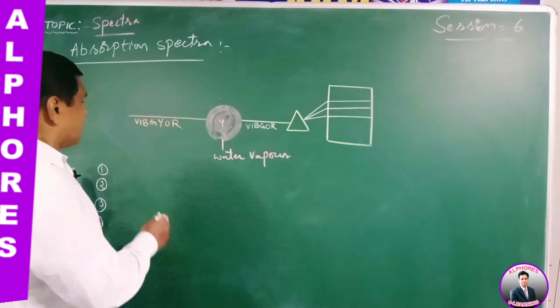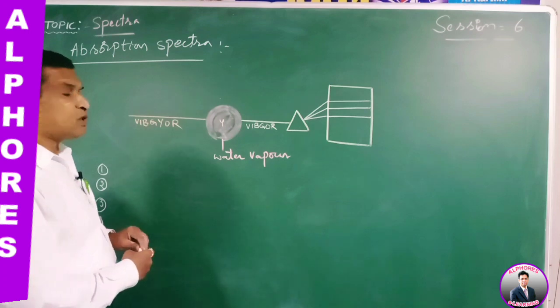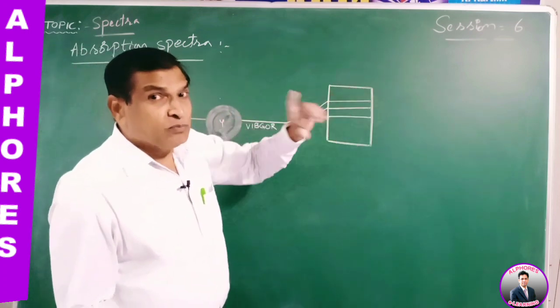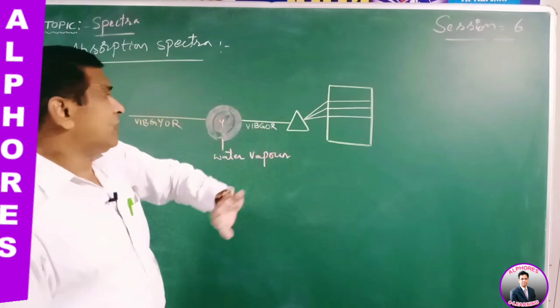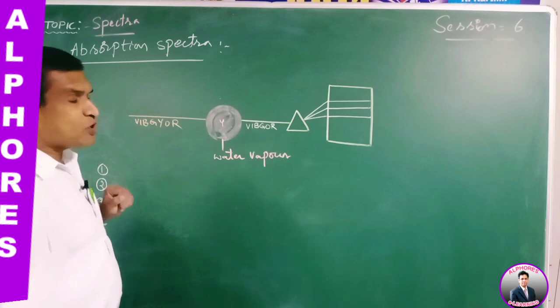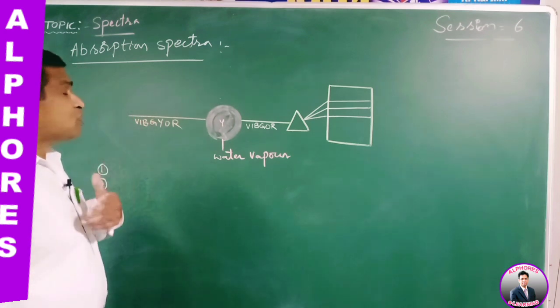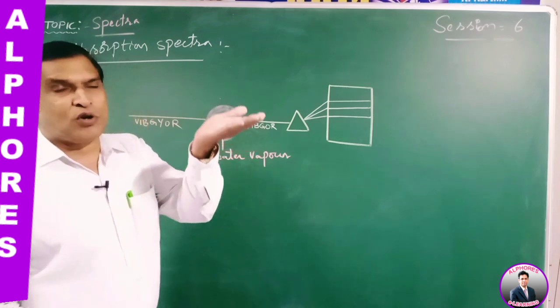Once again, let us revise all four characteristics of absorption spectra. The spectra obtained from the absorption radiation is called absorption spectrum. Second, it is formed during excitation of the electrons.